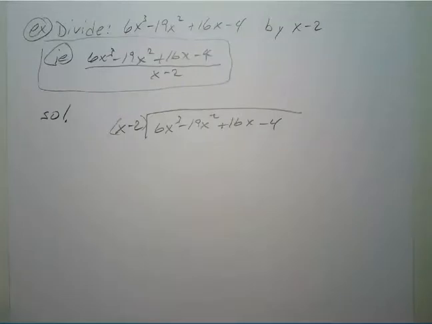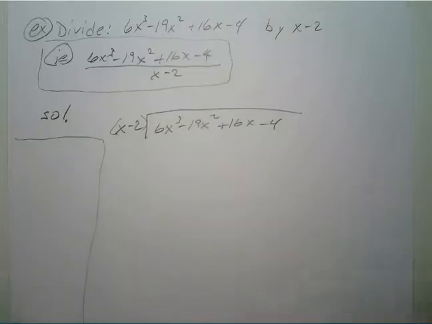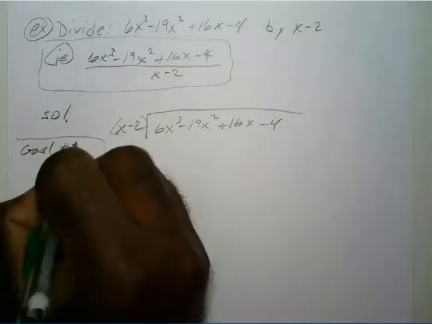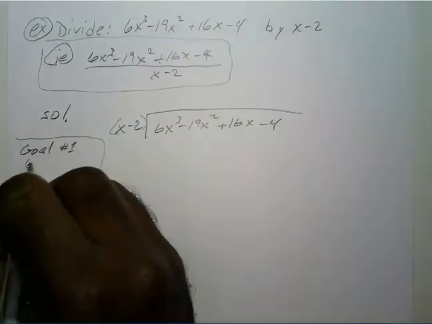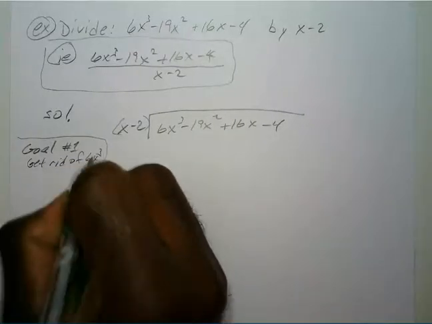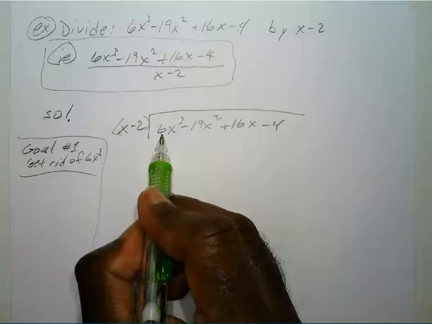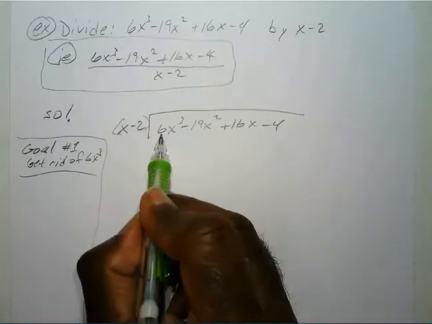Okay, so our goal number 1 is to get rid of this 6x to the third. Okay, so to get rid of that 6x to the third, what times x will give us 6x to the third?